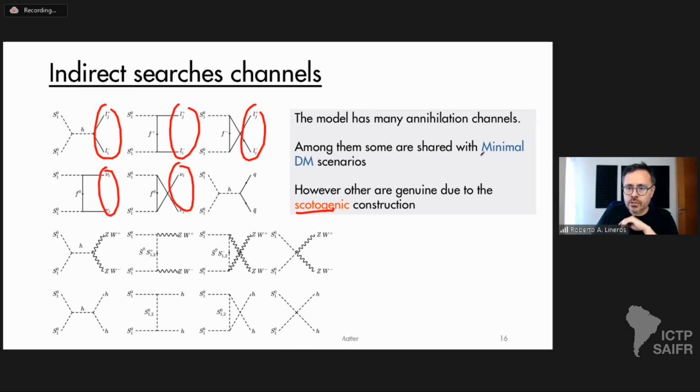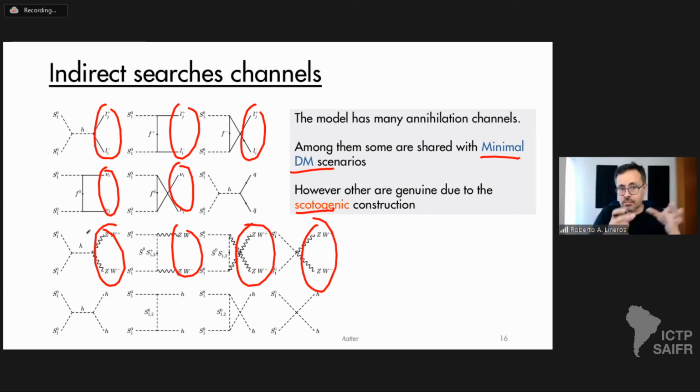And then there are others that are similar, or exactly the same in some aspects, to the minimal dark matter scenario. If you have a large triplet or quintuplet or so on, of SU(2), they like to annihilate largely to gauge bosons. So in that sense, this model mixes some phenomenology proper to minimal dark matter scenarios with phenomenology from scotogenic scenarios.